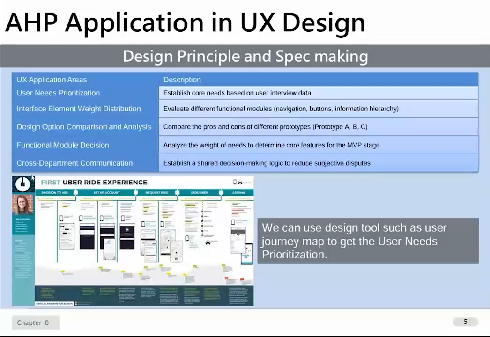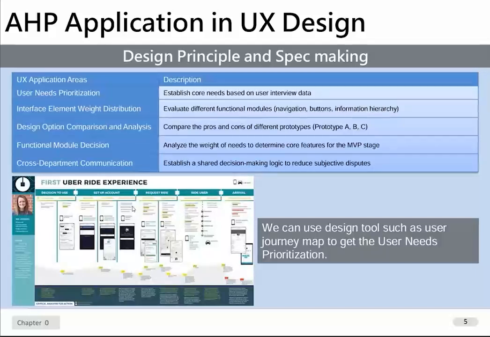So basically, we can using the user journey map, or we can using the emotional map to analyze the people's feeling, and then using this feeling, transform that one to questionnaire, and finally collect the data and make an AHP statistic. So, except first things for sure, we have to establish core needs based on user interview data.